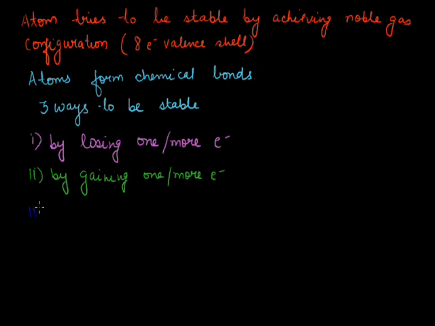And three, by sharing one or more electrons. Thus, in order to become stable, an atom may lose electrons, gain electrons, or share electrons with other atoms.